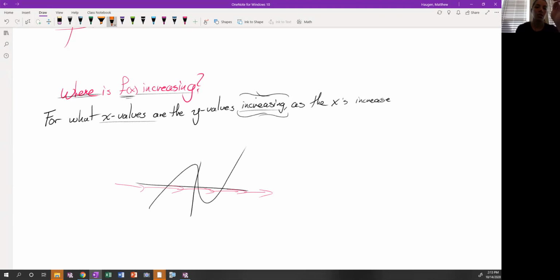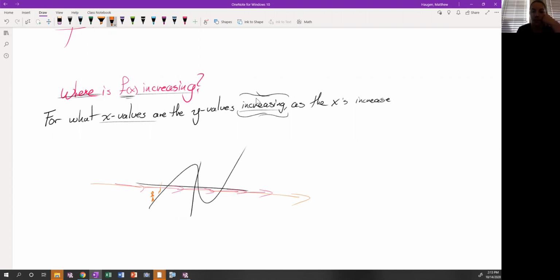And it sounds silly, but one of the things I often use is imagining a little hiker. As that hiker goes in this positive x direction, when is that hiker going uphill versus when is that hiker going downhill? But it's all in the same line. Along that graph, yeah. Okay.